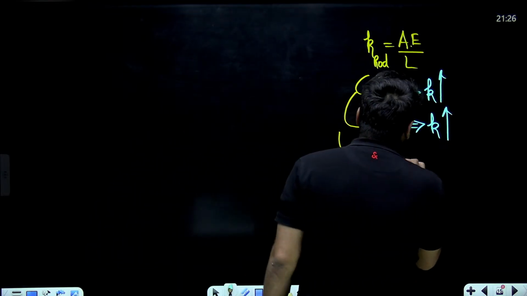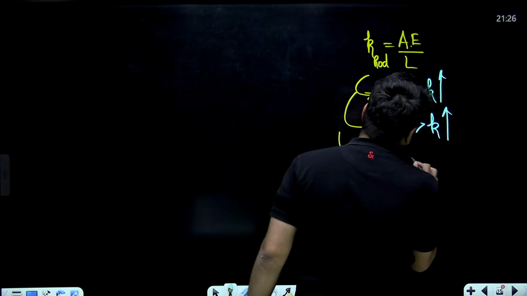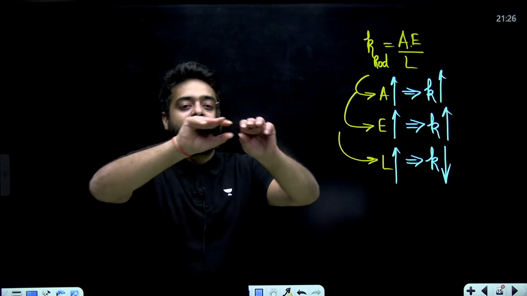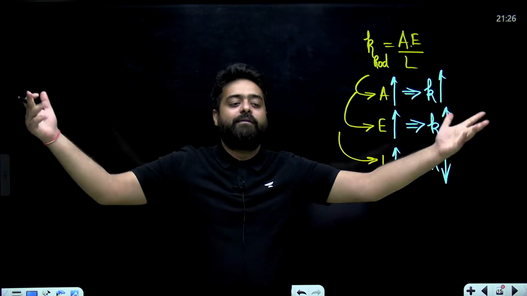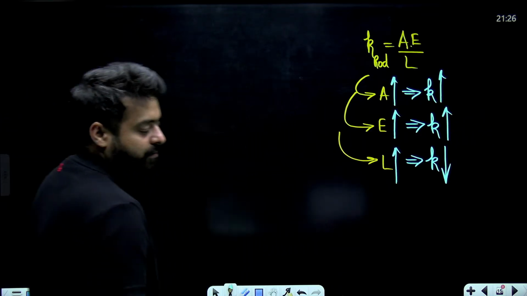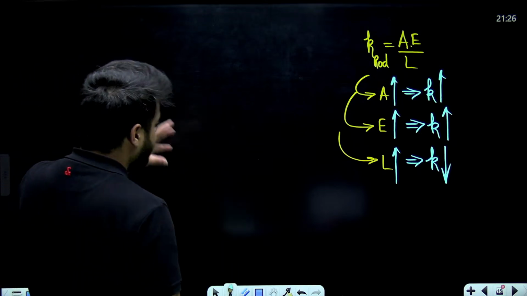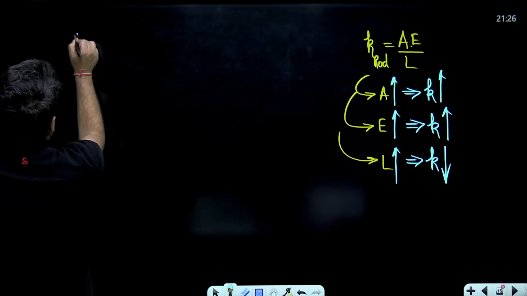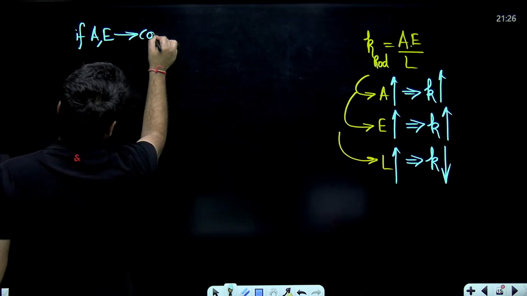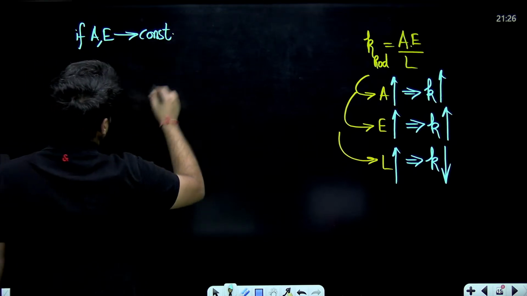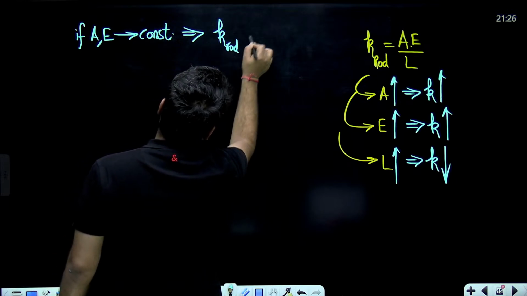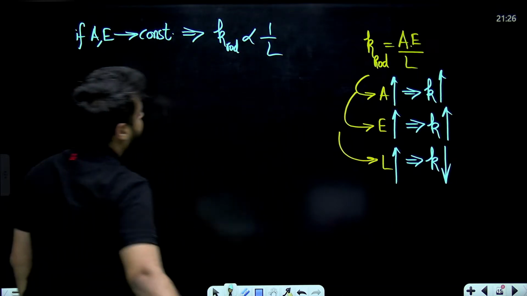But if the length of the rod is increased, its stiffness decreases. So if the rod is very long, it's very easy to stretch, obviously, as I told you initially. Even in this case, if A and E are constant, which is majorly the case for a rod, then the stiffness of the rod is directly proportional to 1 by L.